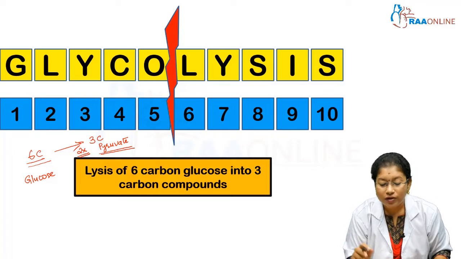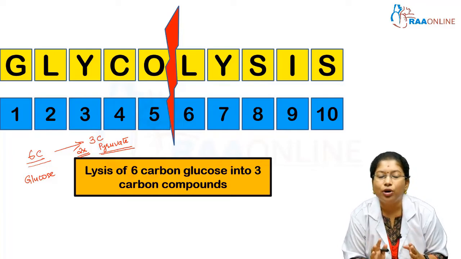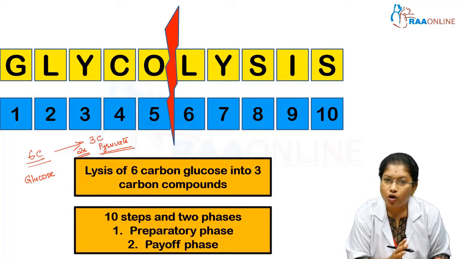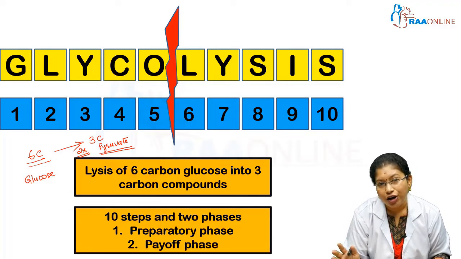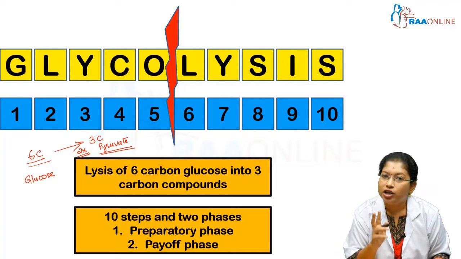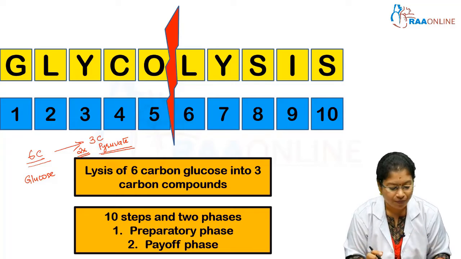So lysis of 6-carbon glucose gives 3-carbon pyruvate. There are 10 reactions, and the 6-carbon compound is divided into two 3-carbon pyruvate, and it has two phases: the preparative phase and the payoff phase.